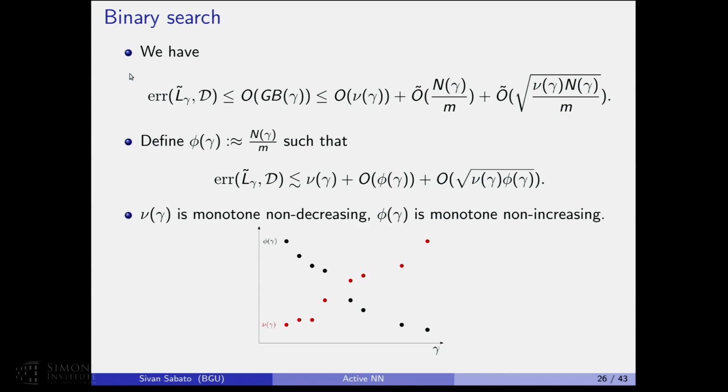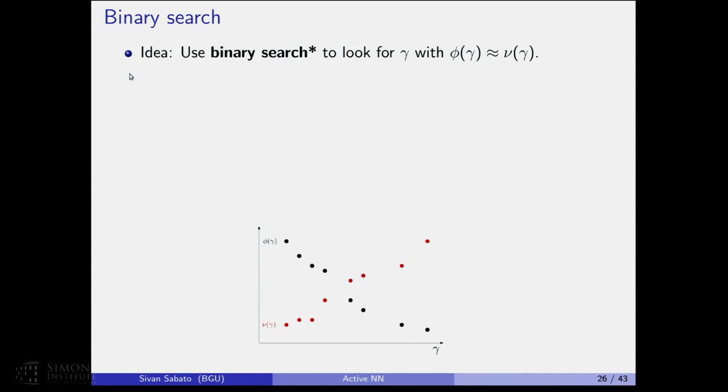The nice thing that happens is the following. As you increase gamma, nu of gamma is monotonic increasing, or non-decreasing at least. And as you increase gamma, phi of gamma, which is our penalty for the size of the gamma net, decreases. So we have two quantities, one increasing and one decreasing, and we're looking to minimize the sum of them. So what we do instead is use binary search star to look for a gamma where they are both about equal.